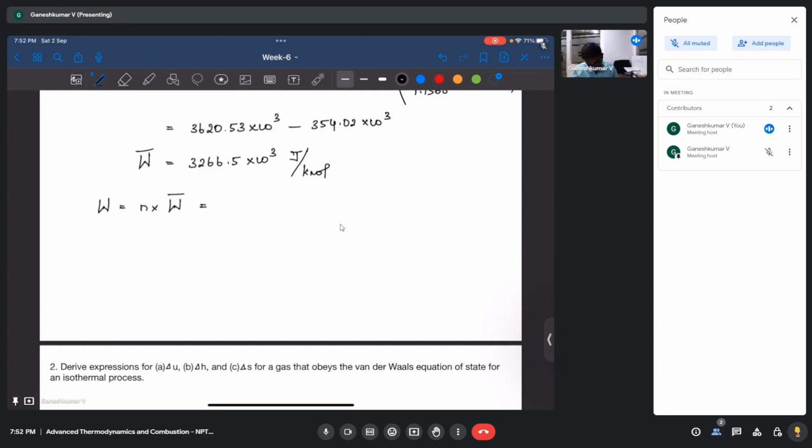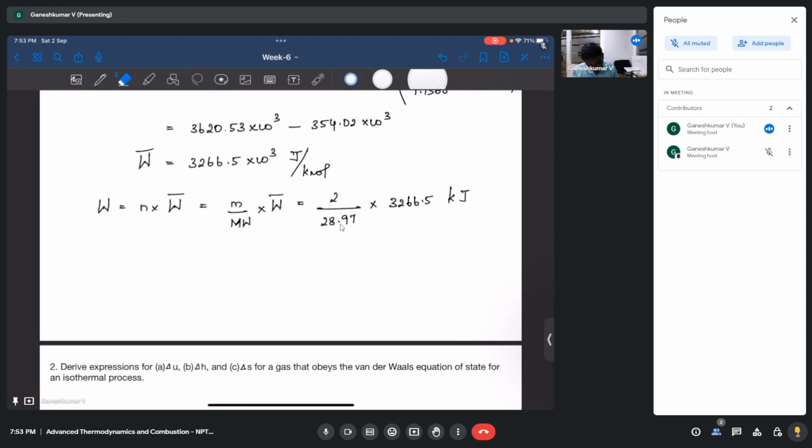Number of moles can be found as mass divided by molecular weight, 28 kg per kilomole, into 3266.5 kilojoules per kilomole.